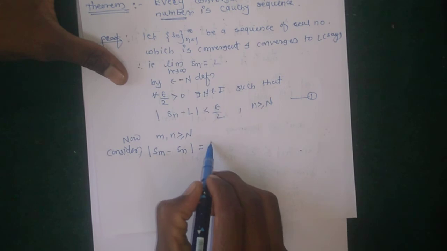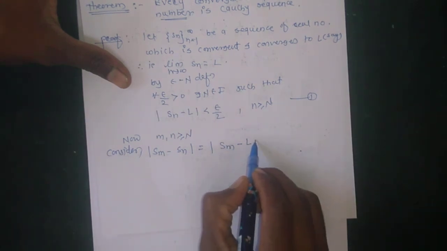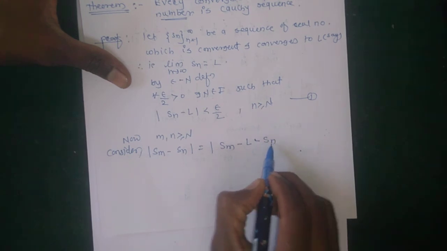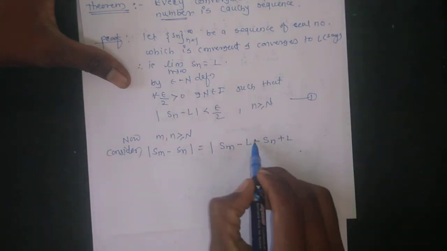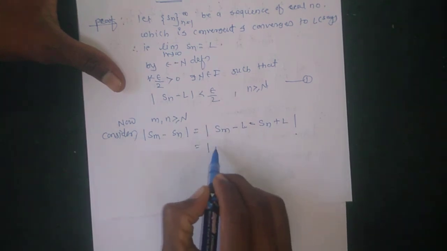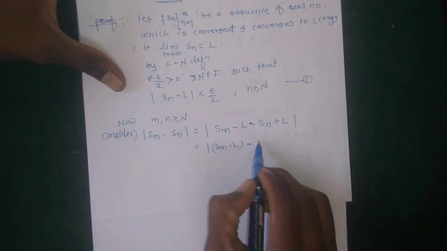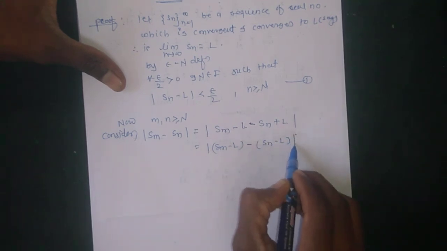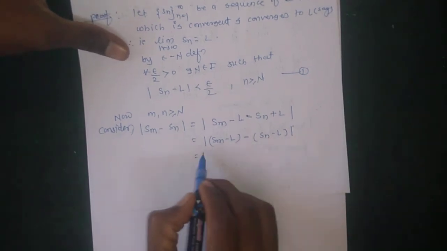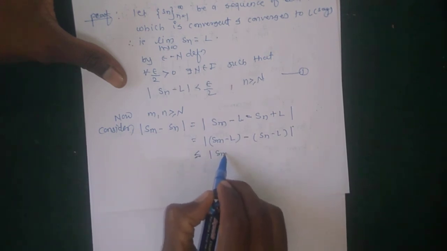Mod Sm minus Sn is equal to, adding and subtracting L in this term, Sm minus L minus Sn plus L. Okay, adding and subtracting L, we get mod of Sm minus L, minus sign common, and Sn minus L, separating this modulus.